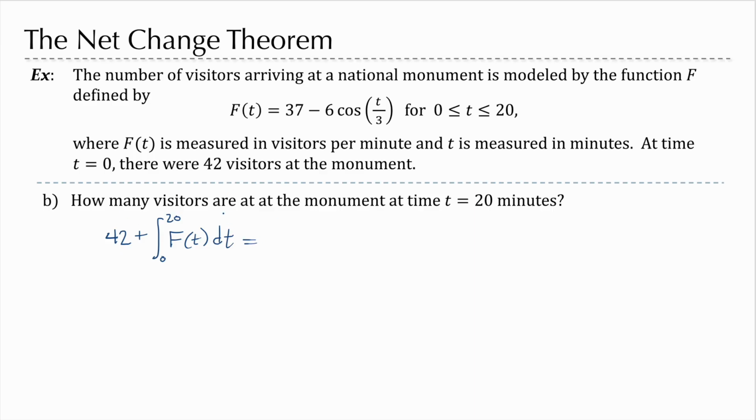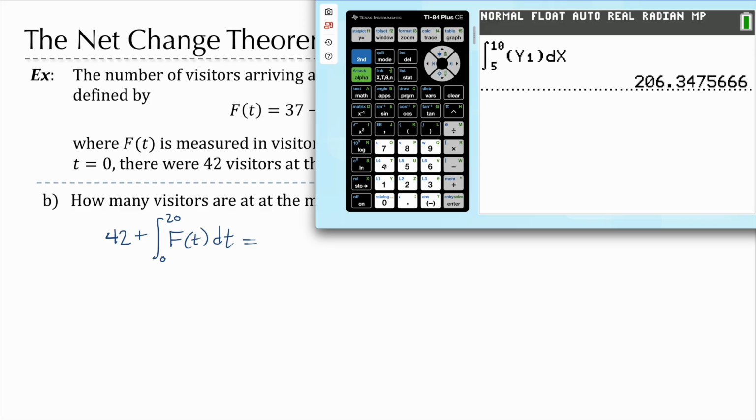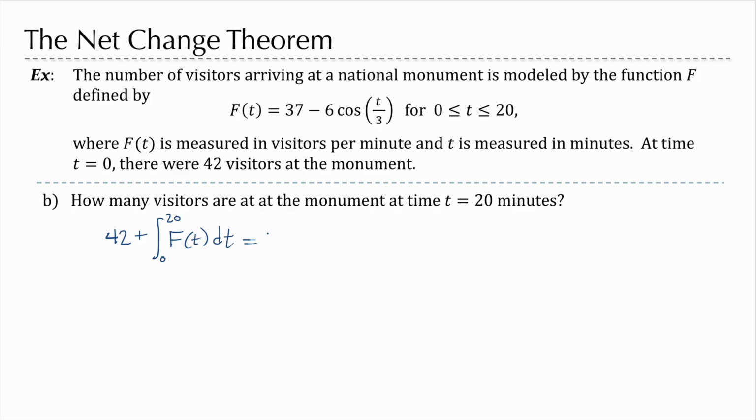So we have to take our calculator and retype it this way. So let's do 42 plus math 9. We're doing the entire interval, so we'll go from 0 to 20. Okay, put our y1 in there, and it looks like at the 20 minutes, we have a total of 775.265 visitors.